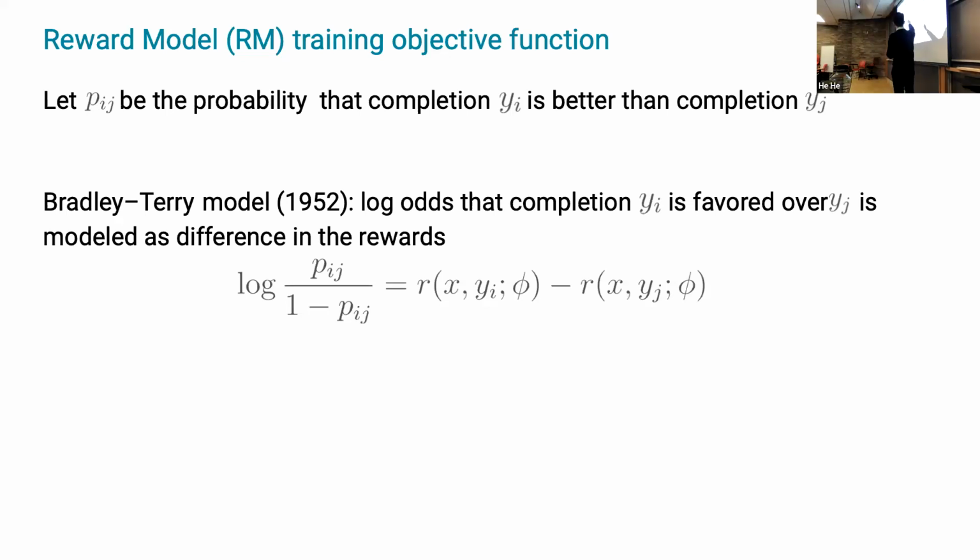One nice thing about log odds is that it's kind of balanced. So we use this very old Bradley-Terry model from 1952, where the log odds of which one is better is modeled as a difference in some scalars of each thing. In this case, we just say the difference in rewards gives the log odds.